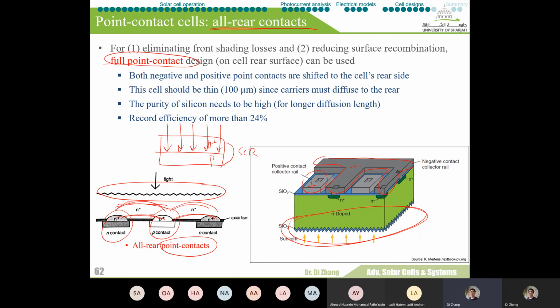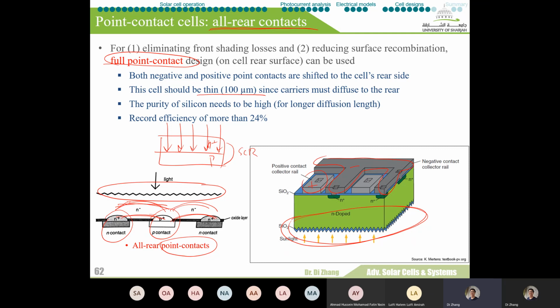So this puts additional restrictions on your solar cell, especially on the thickness of the silicon layer. Because remember, you have to consider the diffusion length limit in solar cells. Typically we cannot put very thick silicon in this kind of solar cell, because otherwise you are going to have a lot of losses for the carrier diffusion to the backside.